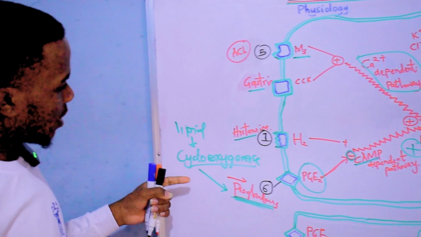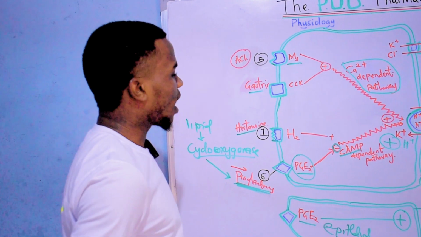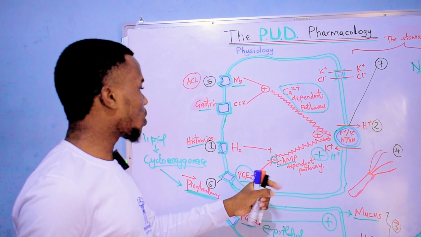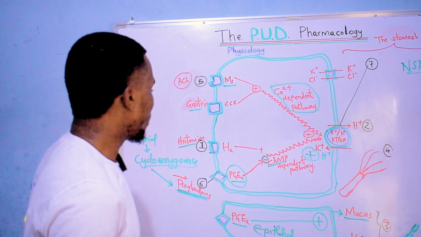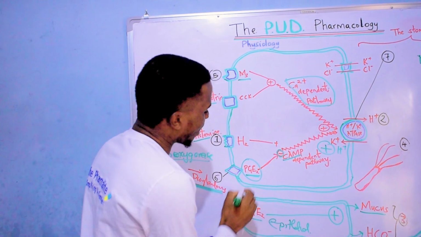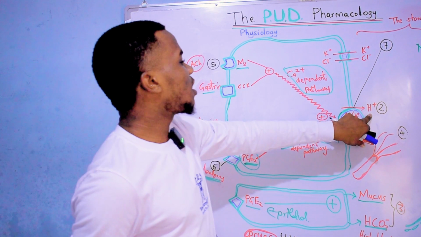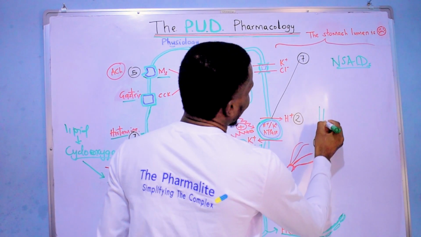When you inhibit this step, you inhibit prostaglandin synthesis, and prostaglandins are crucial in the inhibition of hydrogen ions. So when prostaglandins are not available, there will be an excess of hydrogen ion synthesis, and this leads to hyperacidity.